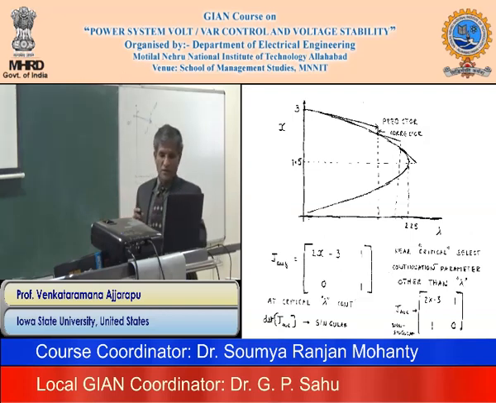One more thing, why the Jacobian may not become singular here is how you choose the parameter. For example, at this critical point, if I choose lambda as my continuation parameter, remember at the critical point this is 0, right?